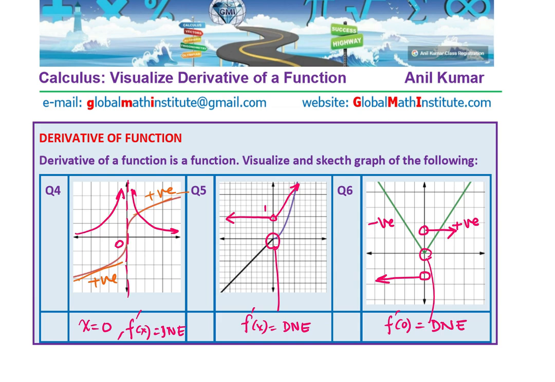So with that, I hope you have understood the concept of how we sketch the graph of the derivative of a function. Even if the functions are continuous, the derivative may not be defined at each and every point. Especially, we have observed that if you have a corner, like this, or a cusp, or a vertical tangent, in that case, the derivative is not defined.